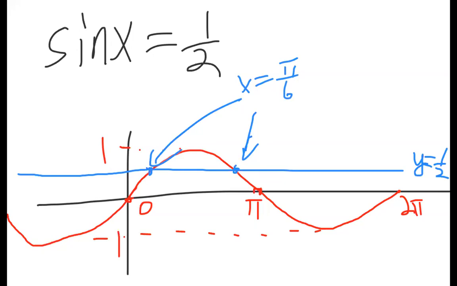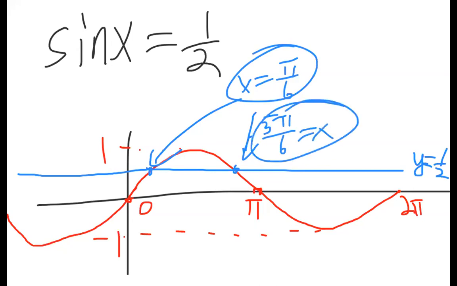And the other one, when you look at the unit circle, that is 5 pi over 6. So now these would be the solutions of the equation sine x equals 1/2, just simply by looking at the graph. Right? Okay.